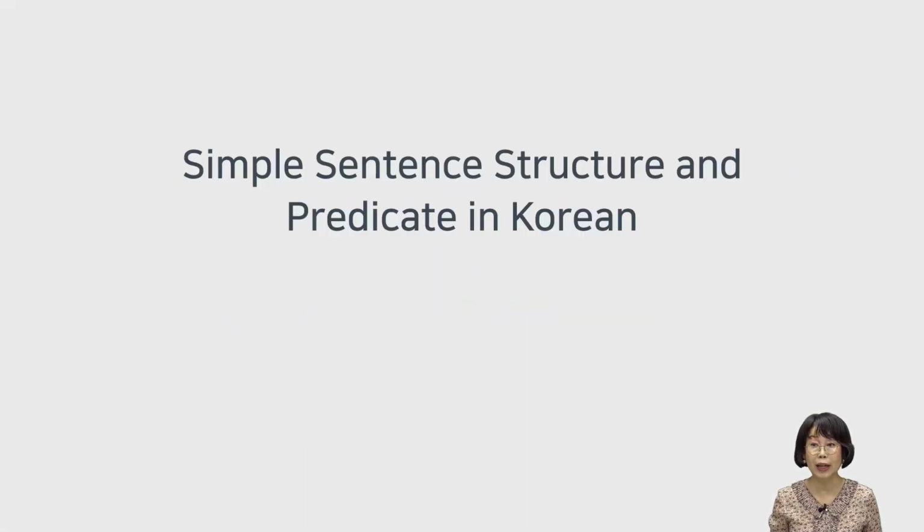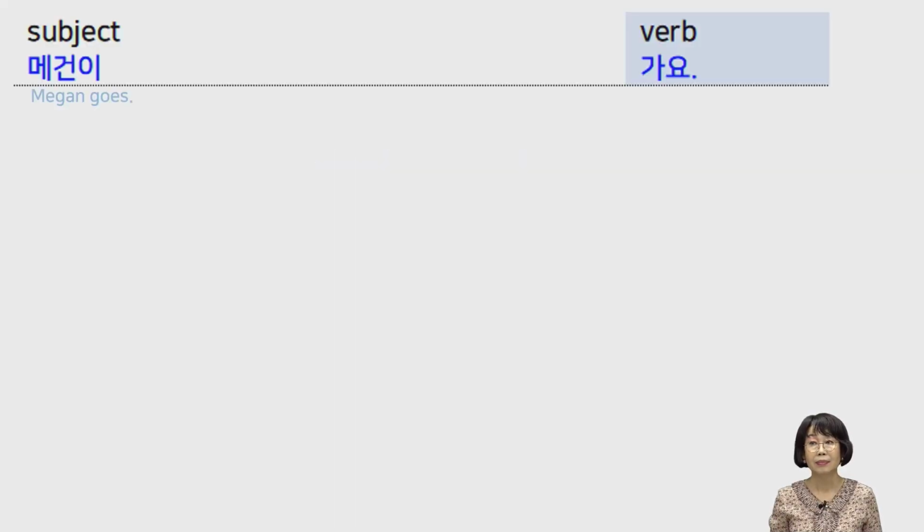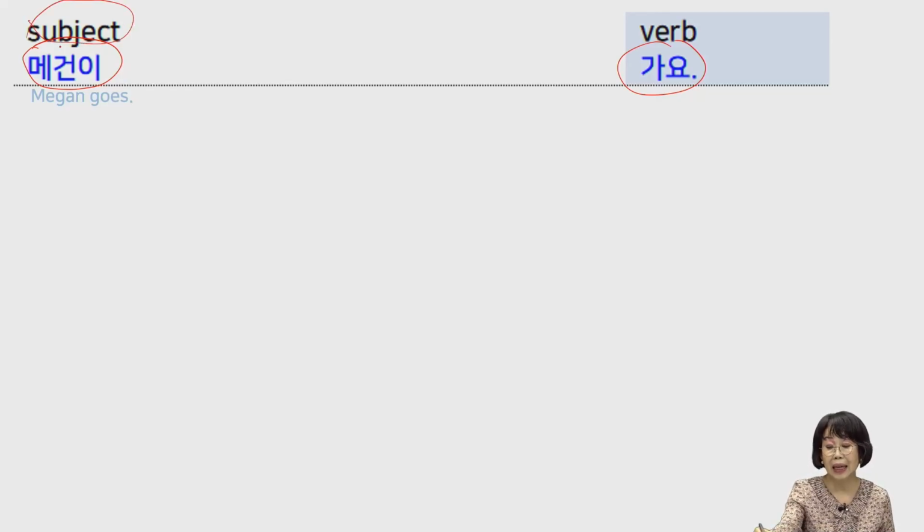Simple sentence structure and predicate in Korean. 매건이 가요. One subject and a verb.